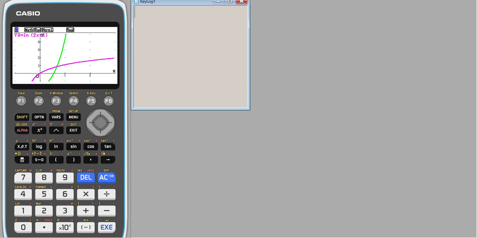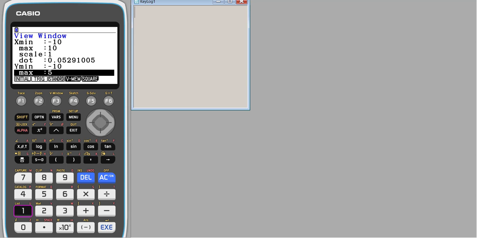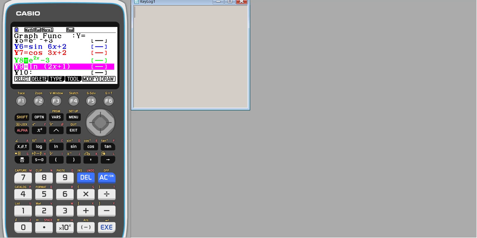And there's my two sketches, and I can use my V window to change the settings. I want my X minimum to be negative 10 to a maximum of 10, and my Y settings negative 10 to a maximum of 10. I just needed to go a bit wider. Then I'll draw that again, F6.